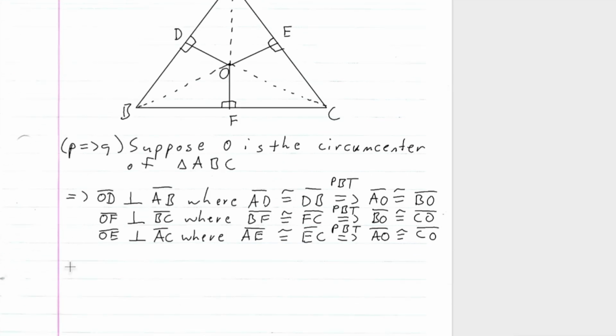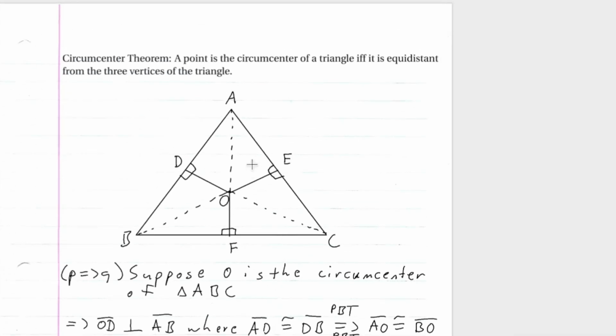This means we have AO congruent to BO. And of course, BO is congruent to CO, which is exactly what we wanted to show. We wanted to show that all these three vertices are equidistant from this point, right?